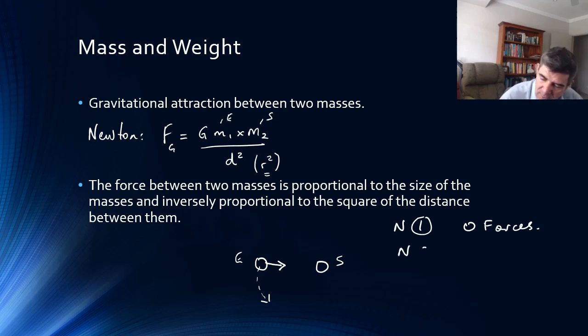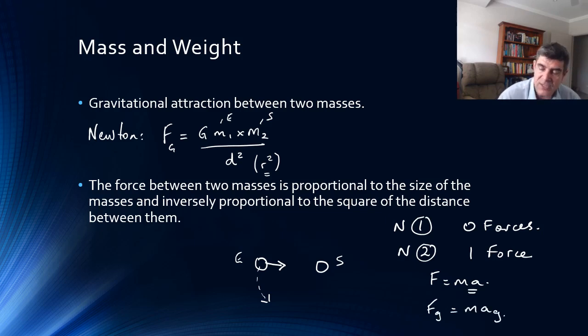So it's an application of Newton's second law: if there is a force, then the force causing the motion is proportional to the acceleration. We express Newton's second law as the formula F equals ma. In this case, the a is the acceleration due to gravity. So if the force is the gravitational force, then it is the mass of the object multiplied by the gravitational acceleration that's causing it. And so this object will move in a circle.